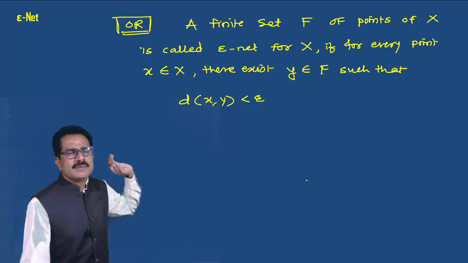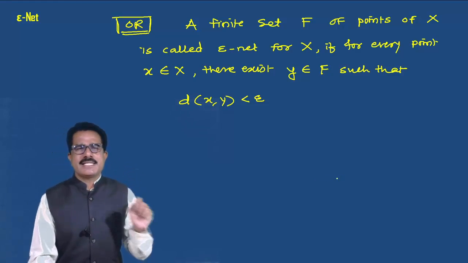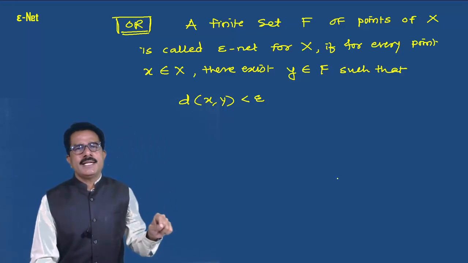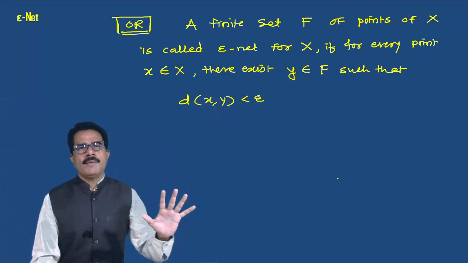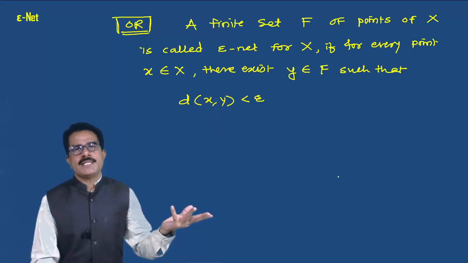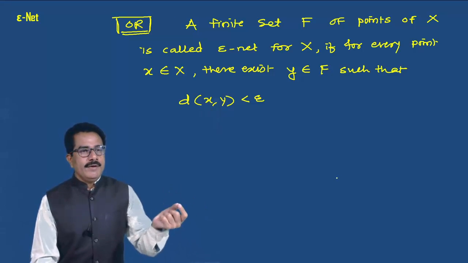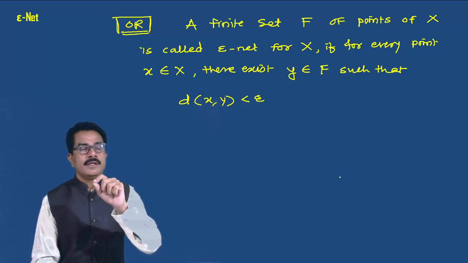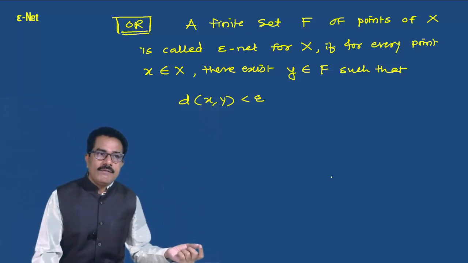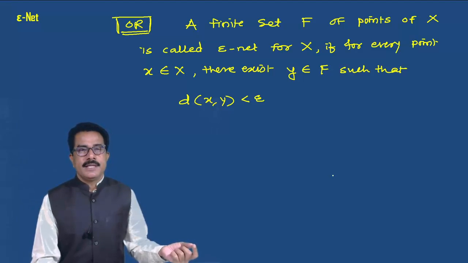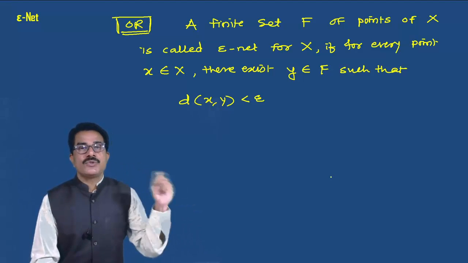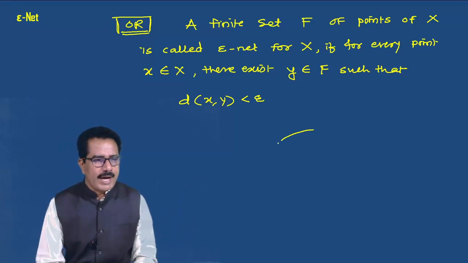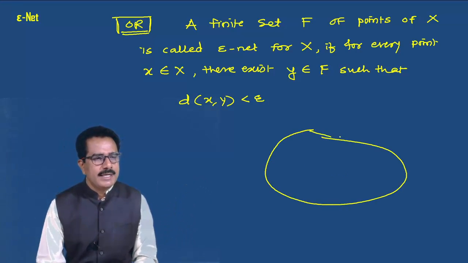This is the simple concept of what an epsilon net means. If X is a non-empty set, or we can say a metric space X, and F is a subset of X, then for every point of X there exists a point y belonging to F such that the distance of x comma y is less than epsilon.